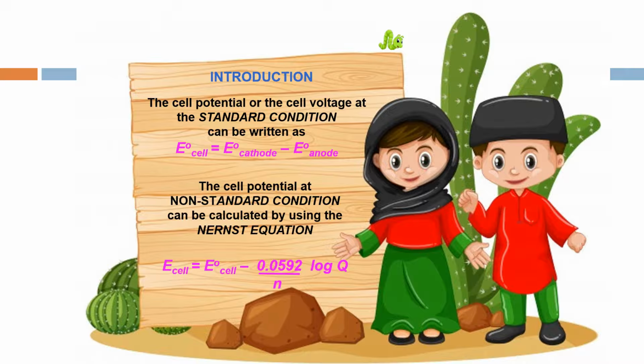The cell potential at non-standard condition can be calculated by using the Nernst equation: E cell equals E° cell minus 0.0592 divided by n log Q.